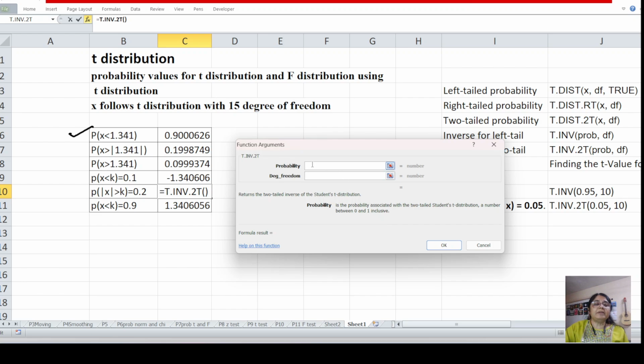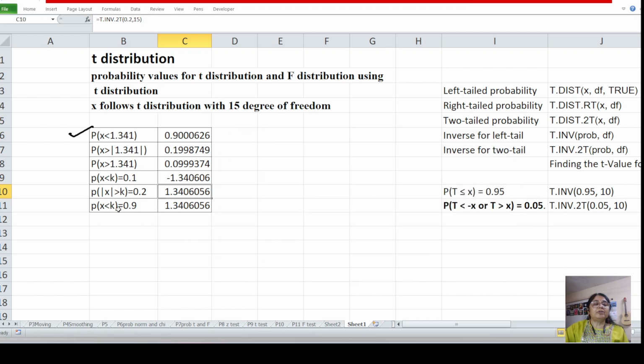So the probability will be 0.2, and degrees of freedom is 15, and click OK. And for the right tail, the probability of x less than k is given, not the right tail actually, it will again give the left tail, but the value will come positive because the area under that curve is 0.9, more than 0.5. So obviously the point will lie on the right side of the curve, right?